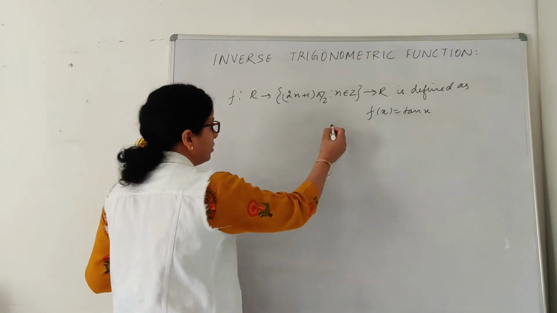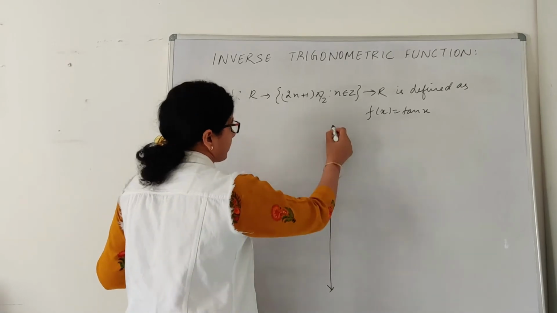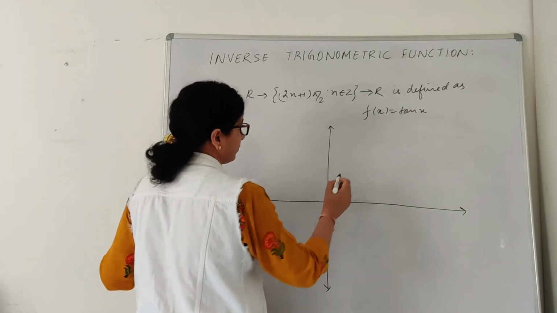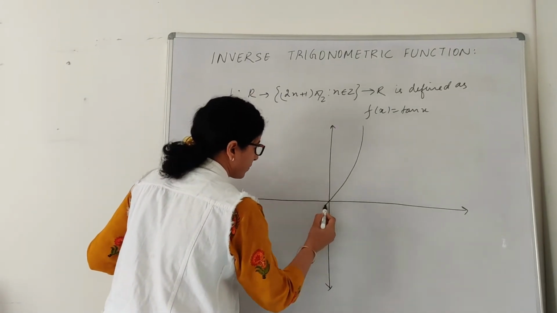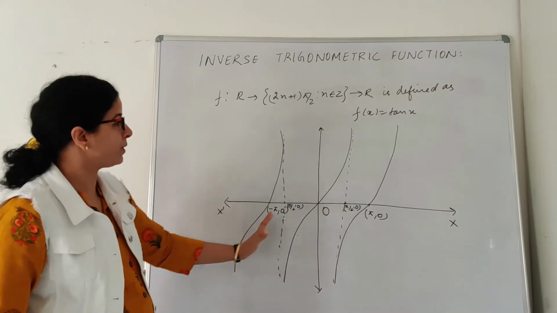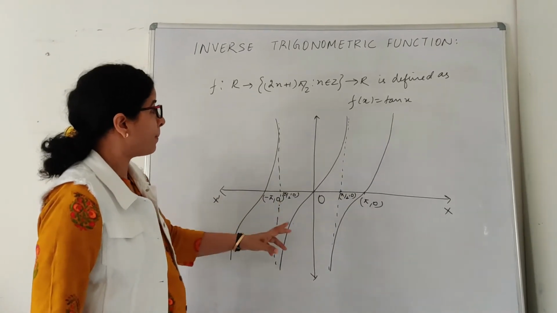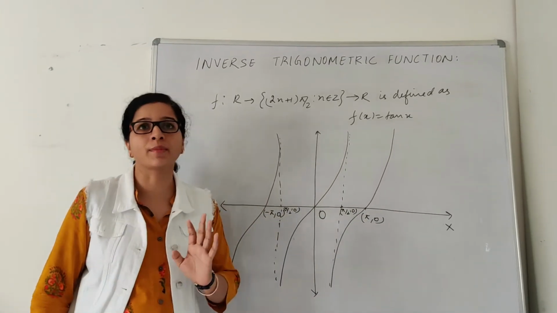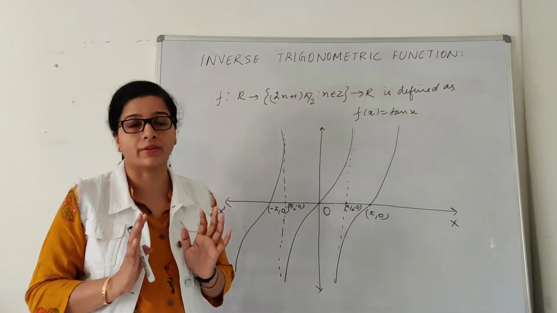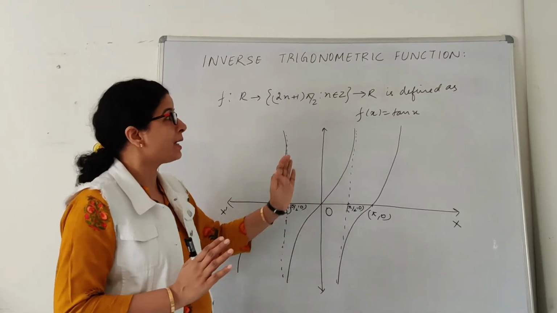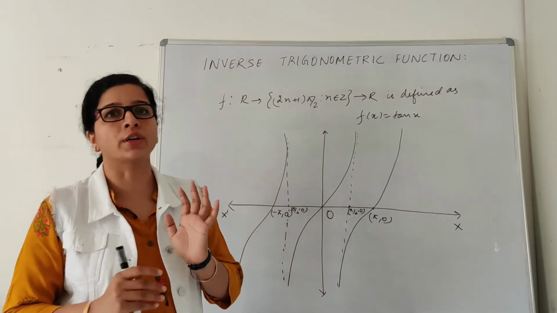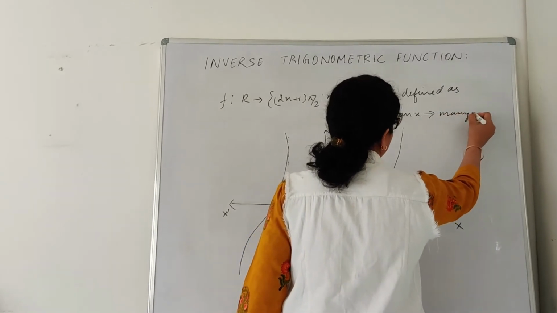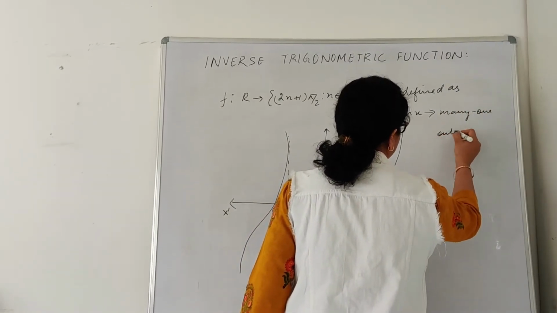Let us check the graph also. From this graph it is evident that at 0, pi and minus pi I am getting the same value of f(x). So it means my tan x function is many one onto function.